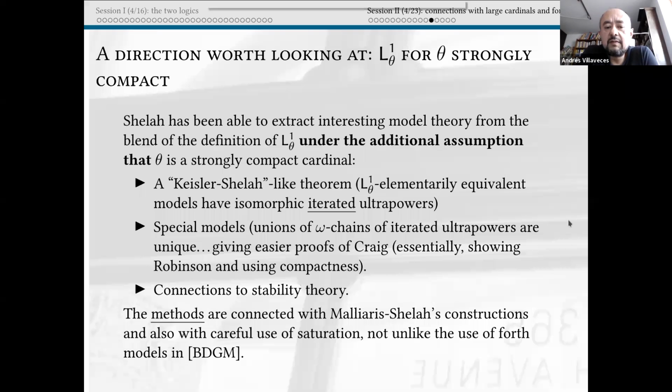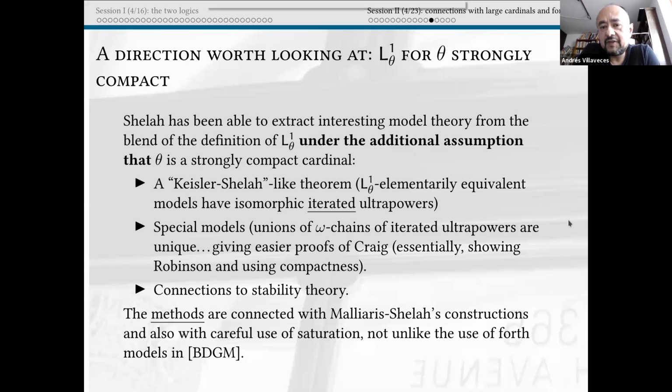This is really, I'm just quoting from Shelah's paper. So what happens if you do the same definition of L_{∞κ} that we described last time and in the beginning today, but now kappa is theta, and theta is a strongly compact cardinal.